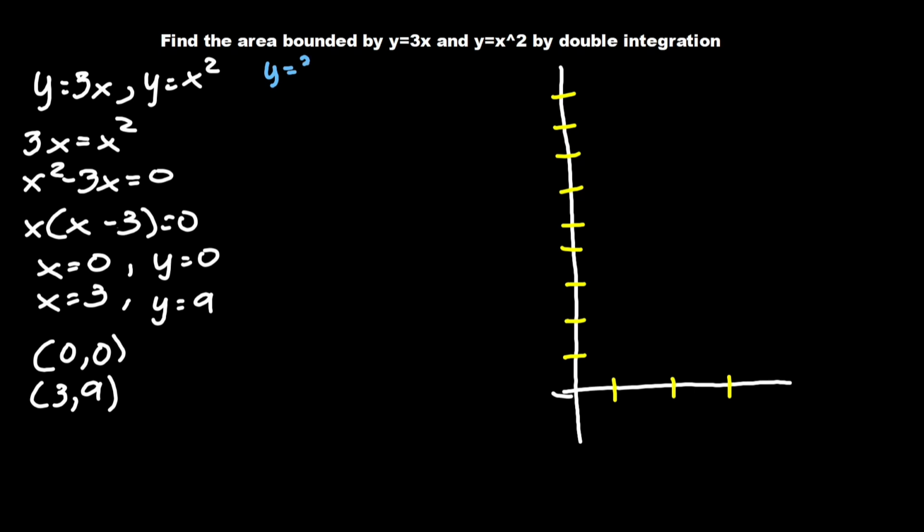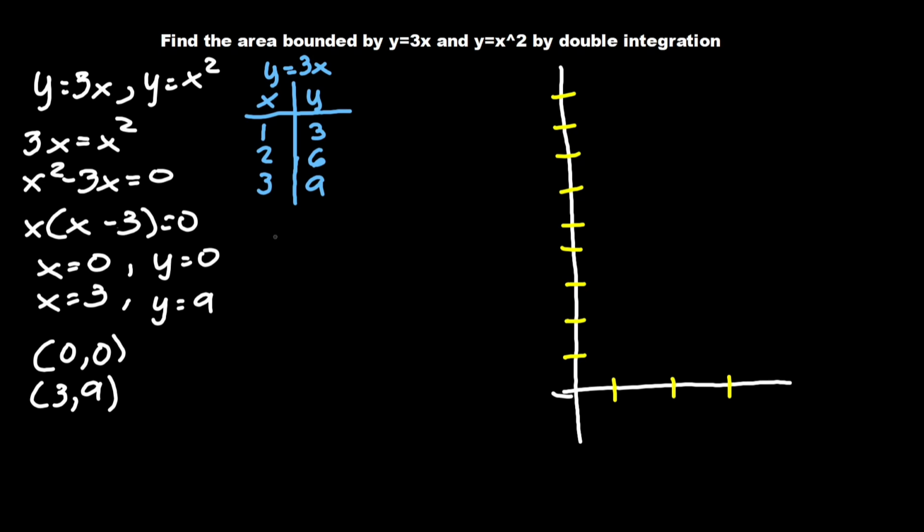For y equals 3x, let's try to put some values of x. If x is 1, 3 multiplied by 1 is 3. If x is 2, 3 times 2 is 6. If x is 3, 3 times 3 would be equal to 9.